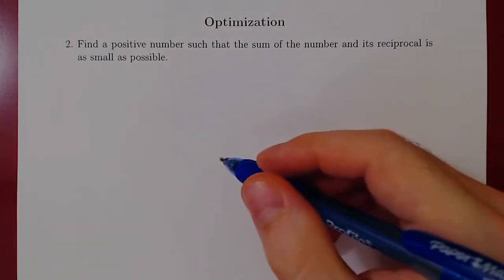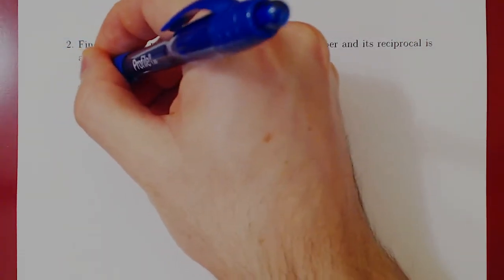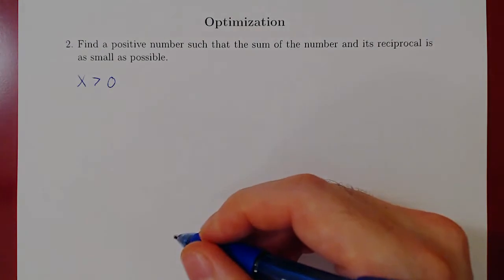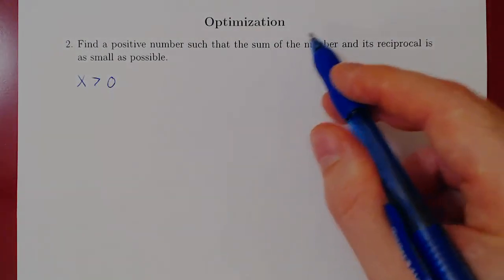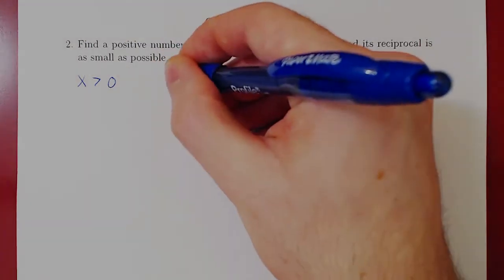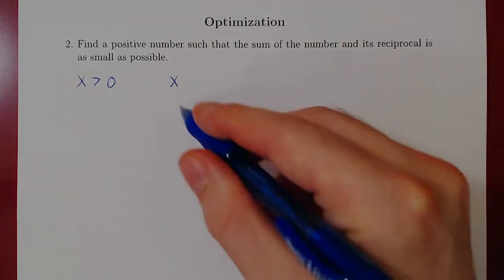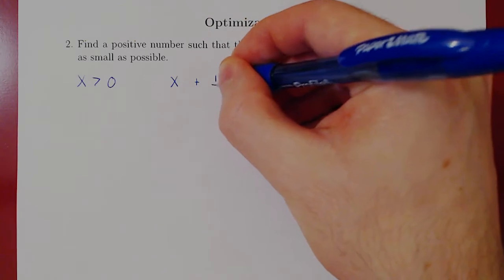So let's see, we want a positive number, call it x. So x is bigger than 0. And we're trying to minimize the sum of the number itself and its reciprocal, so x plus 1 over x.